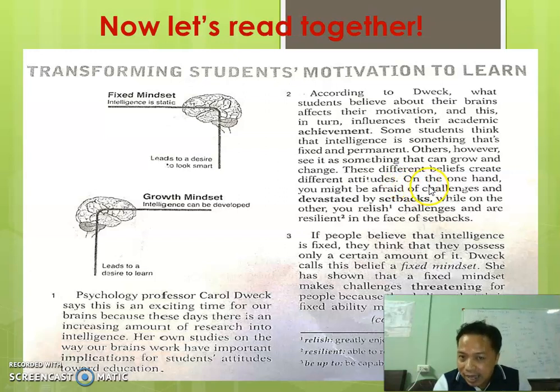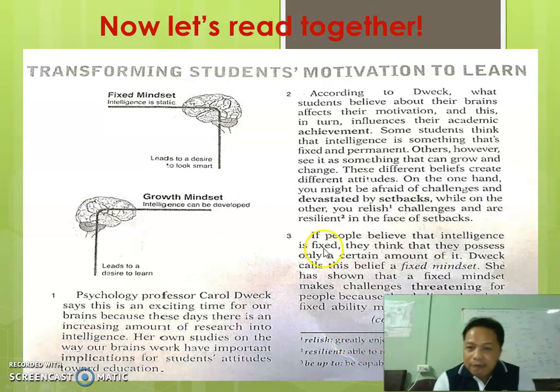On the one hand, you might be afraid of challenges and devastated by setbacks. While on the other, you relish challenges and are resilient in the face of setbacks. You can see the meanings here at the bottom as I told you a while ago. Relish is greatly enjoy, resilient, able to recover from problems, and up to, it's capable of dealing with.